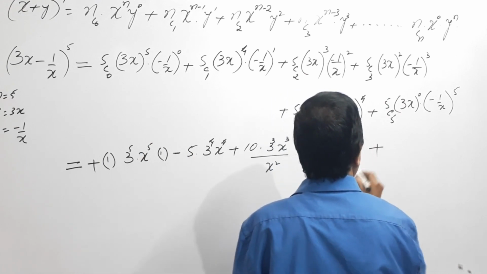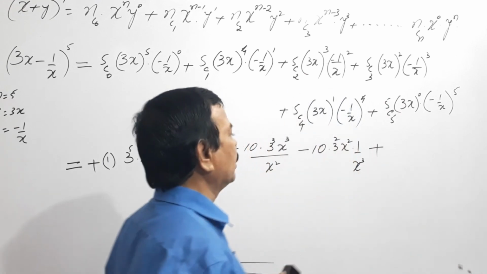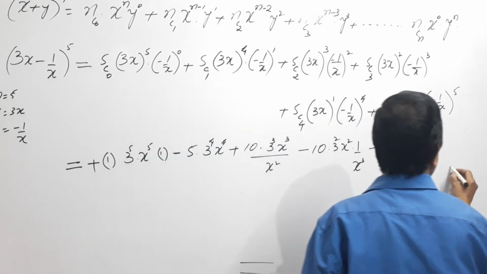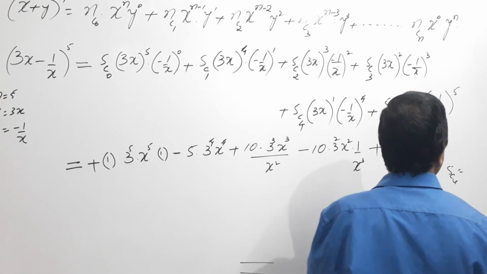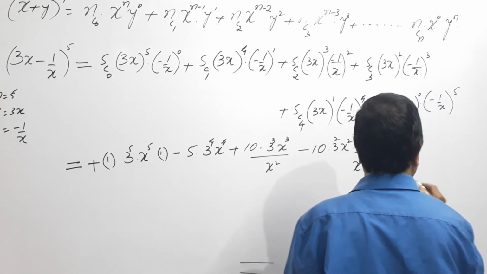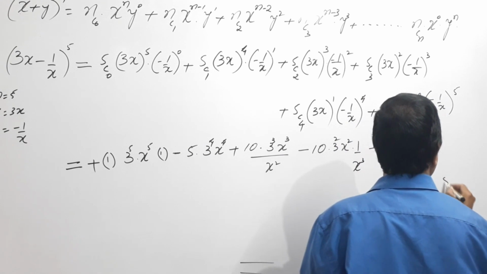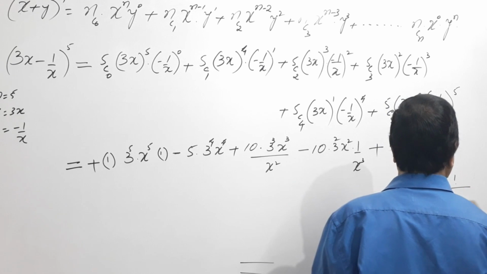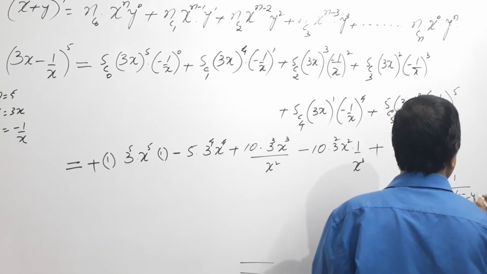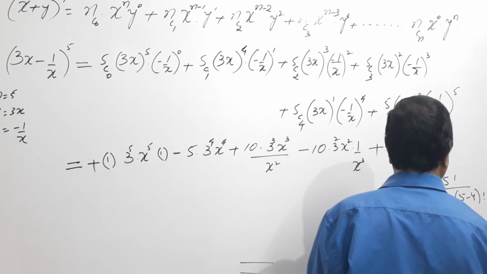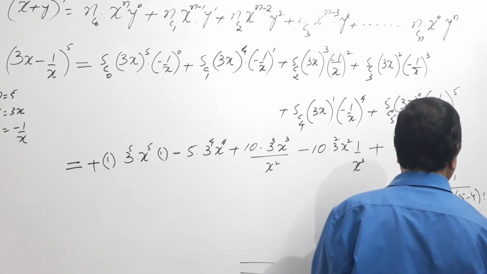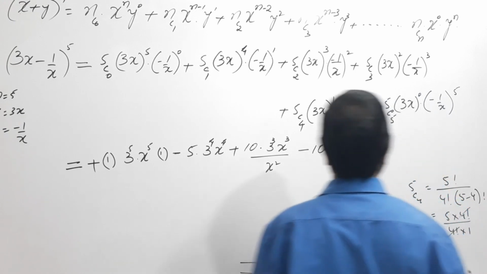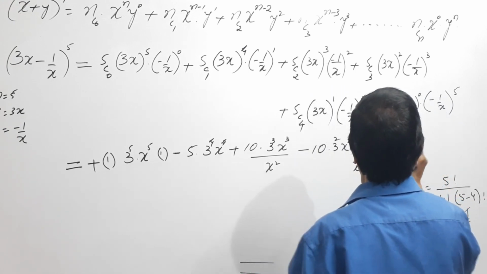This is x cube, sorry, here this value, plus 5c4. 5c4 equals 5 factorial by 4 factorial into 5 minus 4 factorial, that is 5 into 4 factorial by 4 factorial into 1. So 4 factorial cancels, this is left with 5.